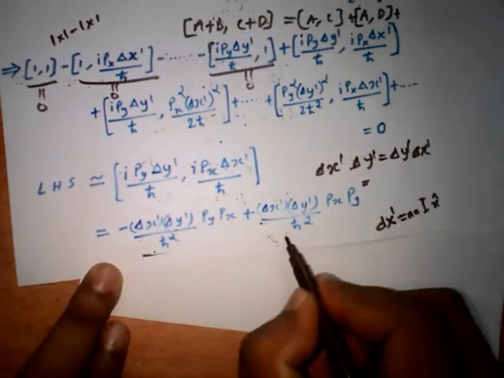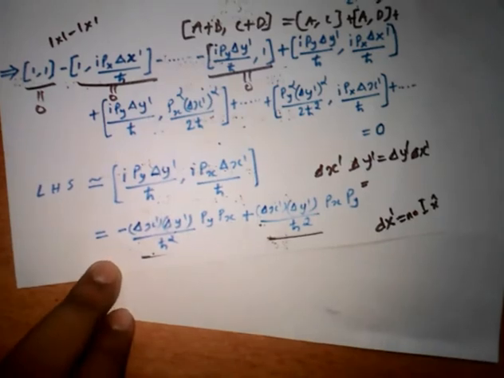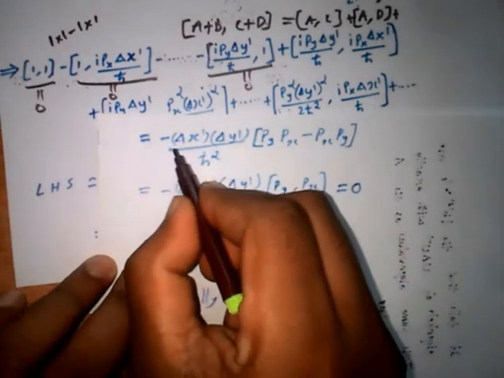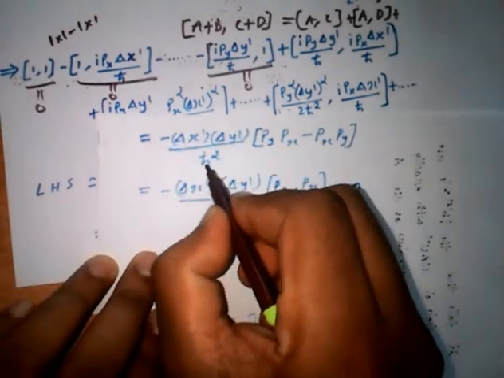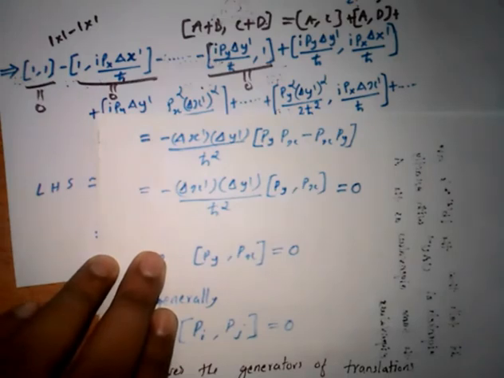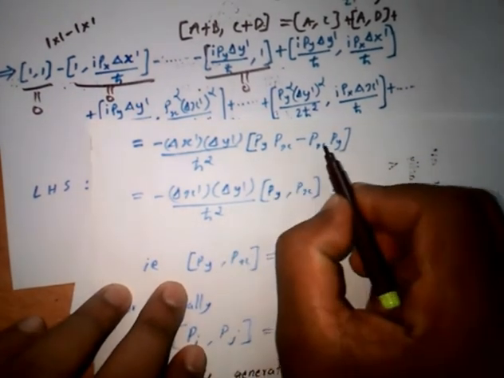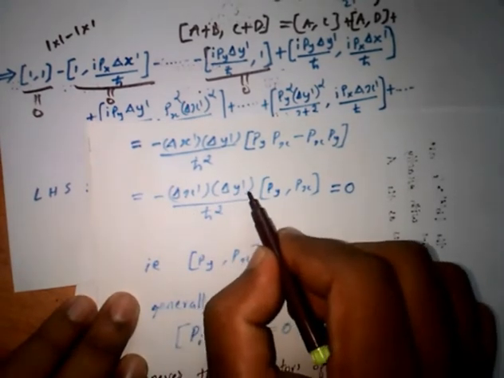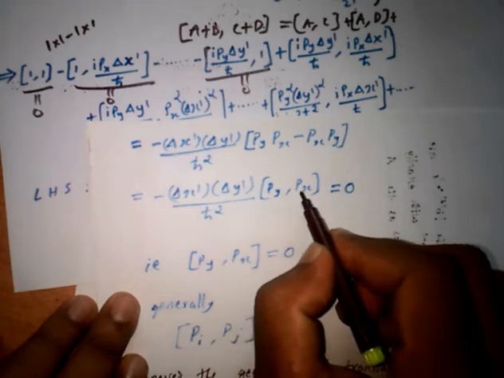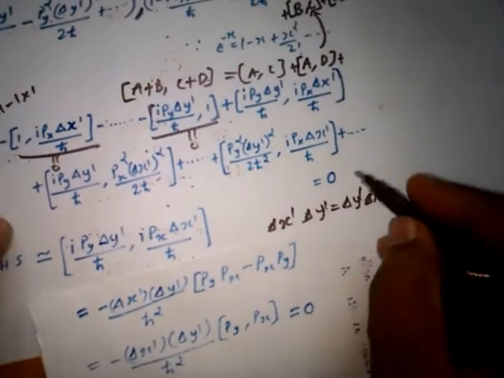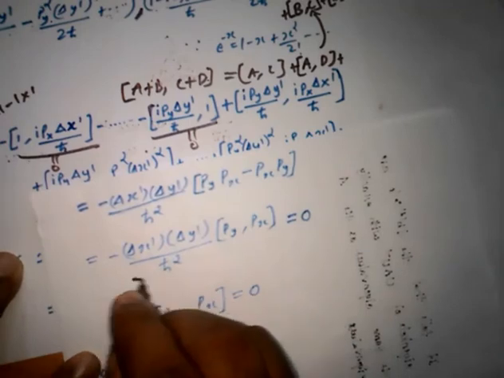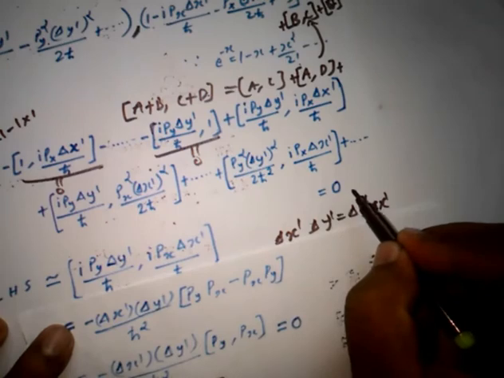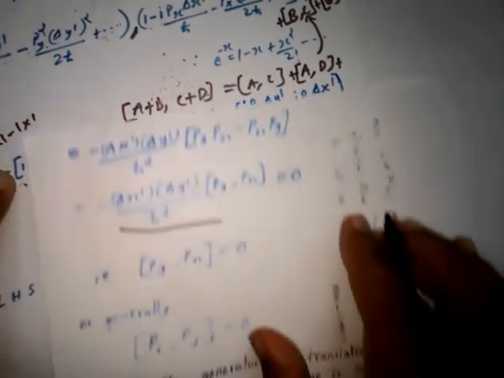So we can take these two terms common, and that will provide δx' δy'/ħ² into (py px − px py), that is equal to minus δx' δy'/ħ² [py, px], that is equal to 0, because this term is the LHS of this equation, and for the RHS we have already seen that it is equal to 0.